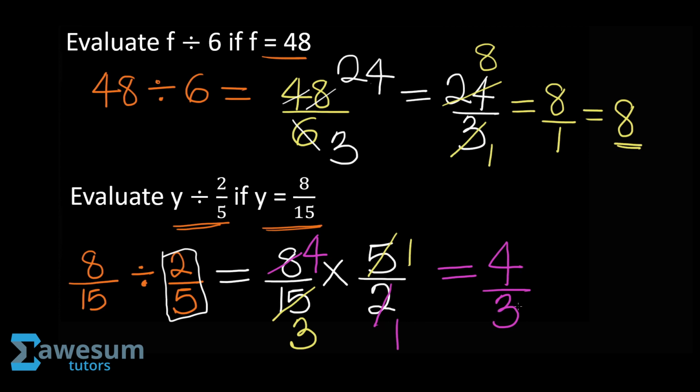This is an improper fraction which I can convert to a mixed fraction. 3 in 4 is 1, remaining 1 over 3. Because 3 in 4 is 1, 3 times 1 is 3, it's going to remain 1, and then bring down the 3. So 1 and 1 over 3 is your final answer.